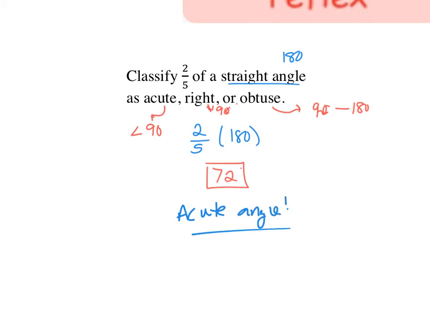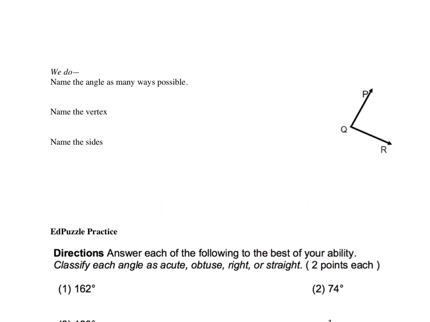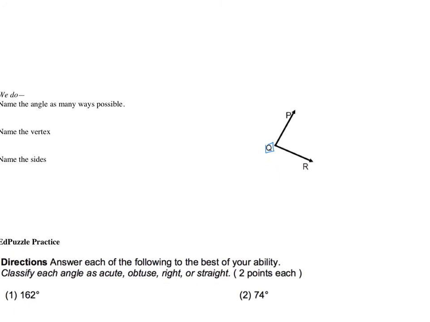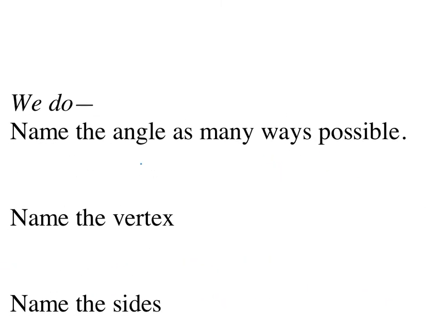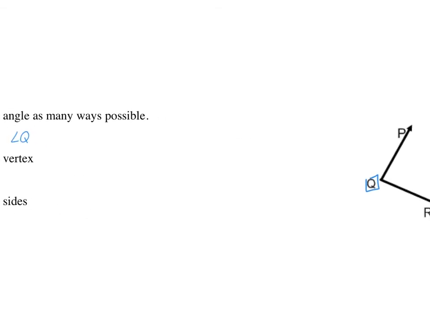Let's go on to the next set of problems. What we want to do is name this angle over here in as many ways as possible. Well, if I wanted to, I can just name it Q, so I can name it angle Q. If I want to, I could also put my favorite number here.